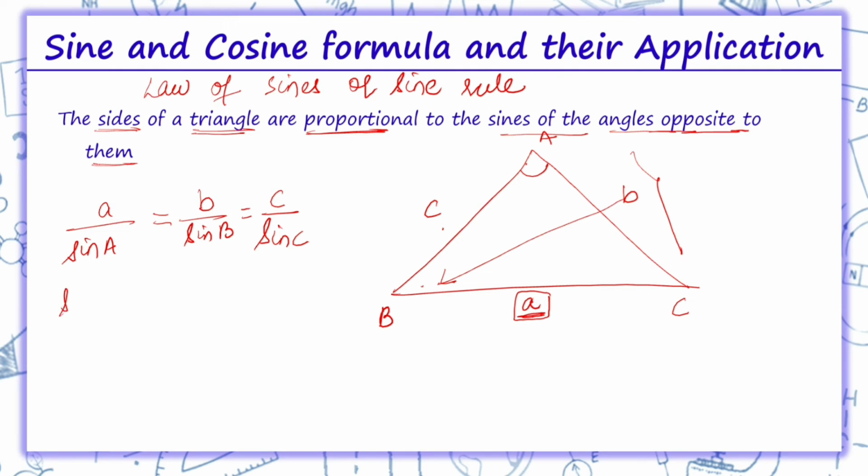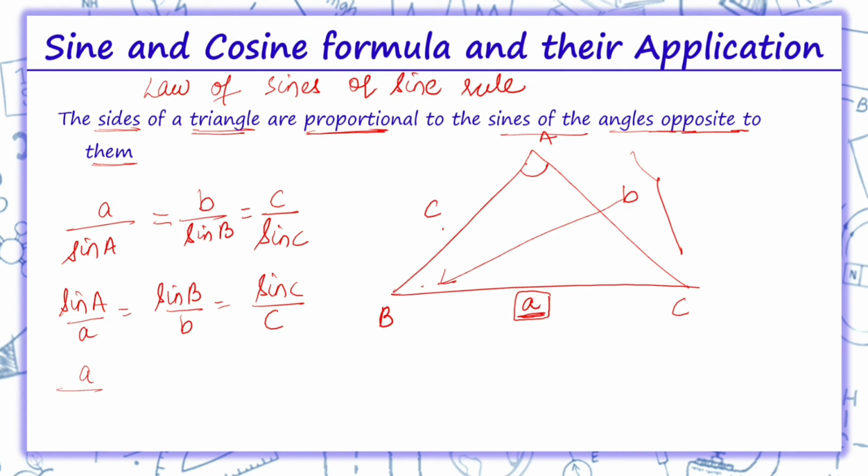This rule can also be written as sine A by A equals sine B by B equals sine C by C. The sine rule is a very useful tool to express the sides of a triangle in terms of sines of angles and vice versa.